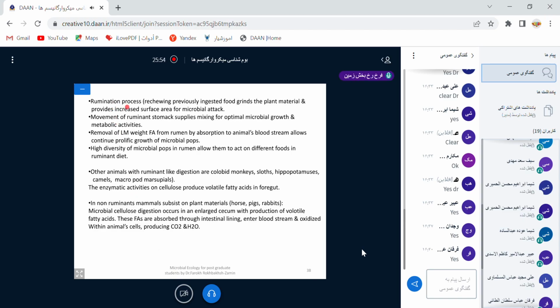Rumination process. What is the rumination process? So when ruminants such as cow are in a field, they are in competition with each other. The food is not as much as they need. So they go very fast eating without chewing. So the plants come down to the rumen, to the stomach.